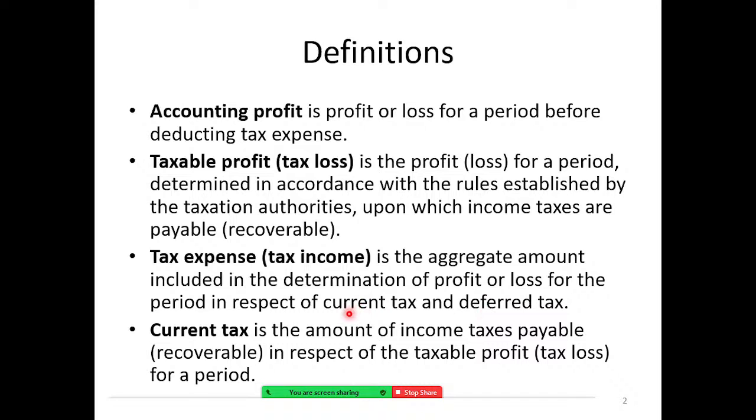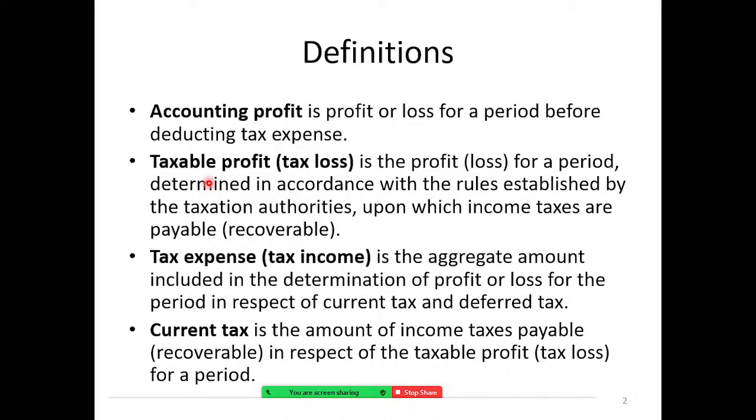Current tax is simply what we get when we calculate the taxable profit based on the rules and regulations provided by local tax authorities. We will get some amount of profit, and that is called taxable profit. The taxable profit goes into the process of calculation of income tax.